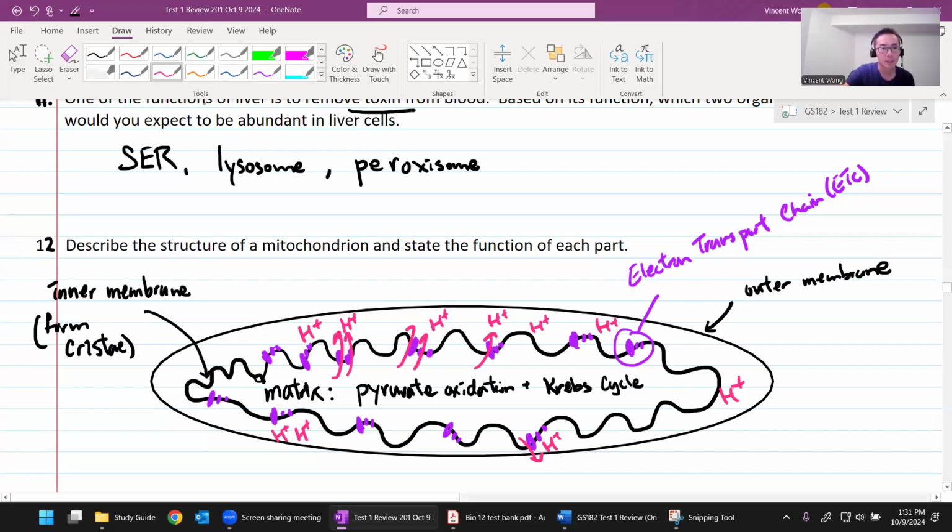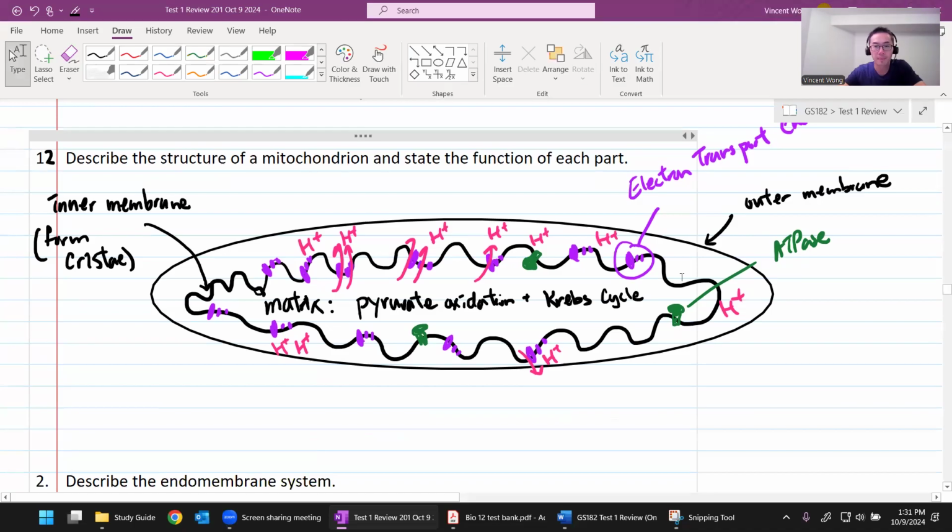So the only way for them to go through is through these doorknob-like turbines. I'm just going to draw a few of them. These are called ATPase. As the H plus comes back down through the turbine, it turns the turbine and creates ATP. That's basically what it is. We learned this on Monday, actually.